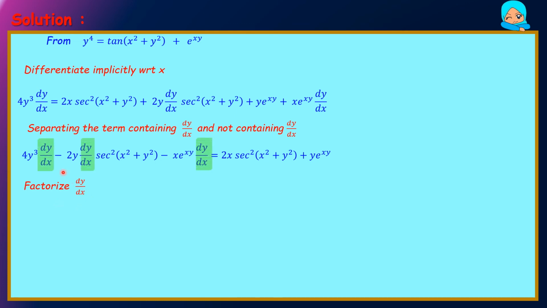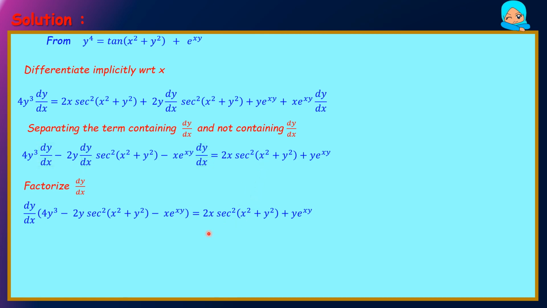Now we have three terms containing dy over dx, so we factorize dy over dx. In the bracket we have 4y cubed minus 2y sec squared of x squared plus y squared minus x e to the power of xy. We factorize dy over dx on the left hand side, and we still have the same expression on the right hand side.